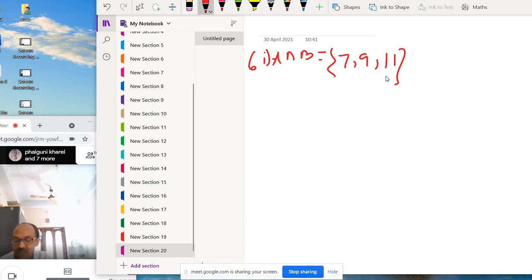A is 3, 5, 7, 9, 11. C is 11, 13, 15. And D is 15, 17.